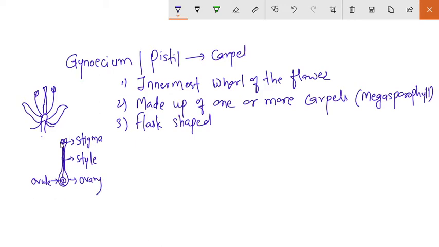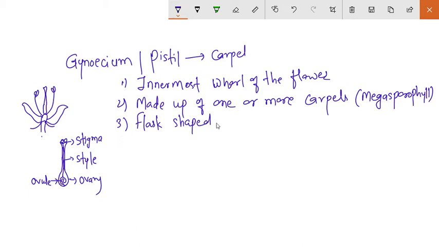This receptive area is known as the stigma, and the tube-like channel through which the pollen tube passes is known as the style. The ovary protects the ovule.